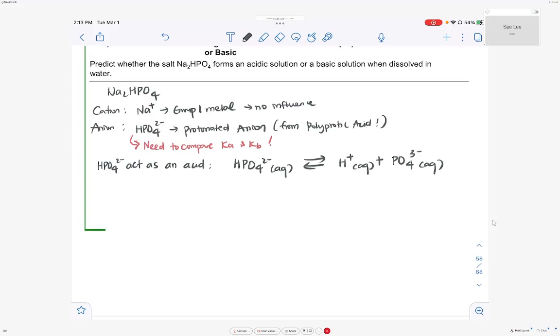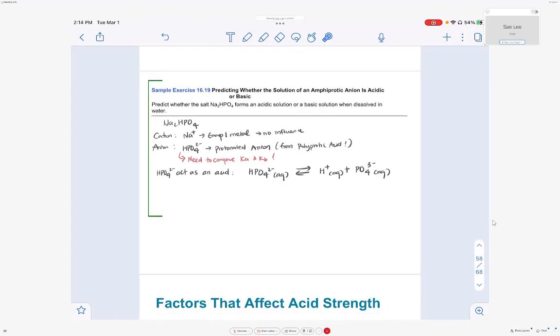Because it's acting as an acid, it will lose or give up its proton to increase the proton concentration, and form phosphate ion.